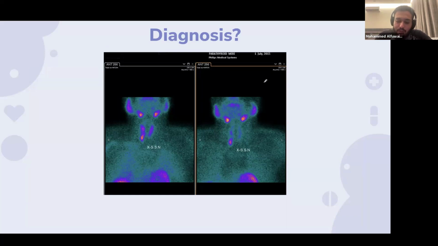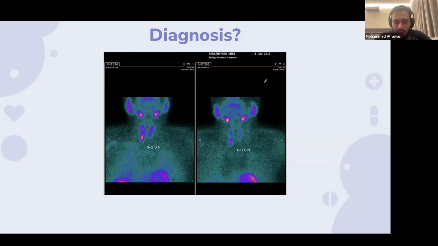Someone is coming to you with bone pain, had kidney stones before, tells you I have constipation, and has a slightly increased singular mass in the right lower neck. You do an uptake scan, okay, and you see this.